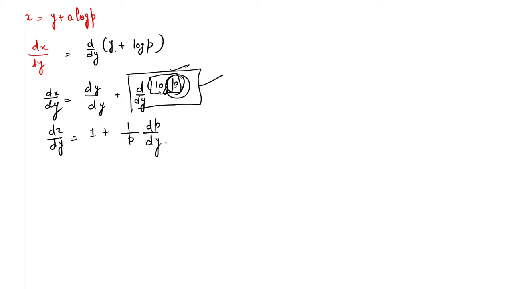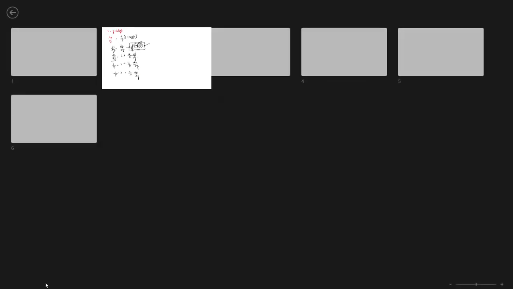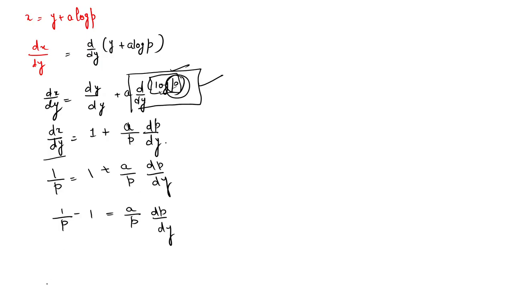So here is a also. So I can write it down, this is 1 by p, 1 plus a by p dp by dy. I can write it down 1 by p minus 1 equals a by p dp by dy. Further, if I want to solve it, how can we move further?